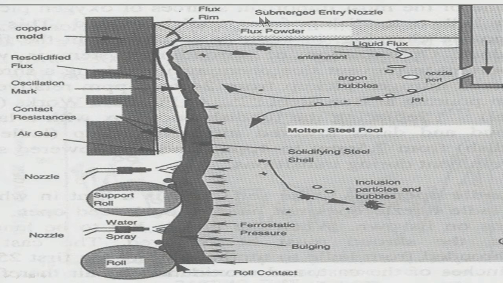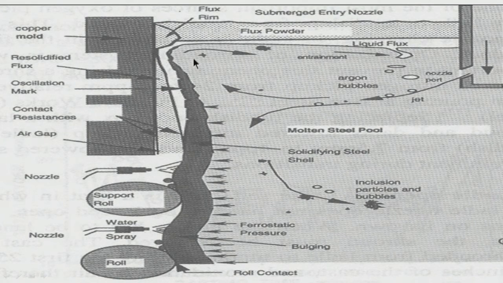So liquid steel is coming from the tundish through this nozzle, which we are calling the sub-entry nozzle, SEN. This is the nozzle port through which liquid steel will come inside the mould. Also we are passing argon, so some argon bubbles are also coming out in the liquid steel.